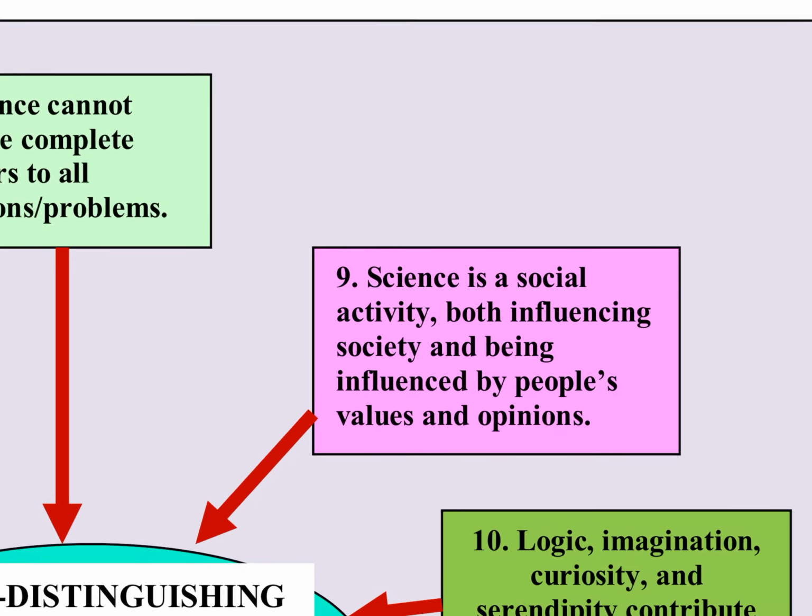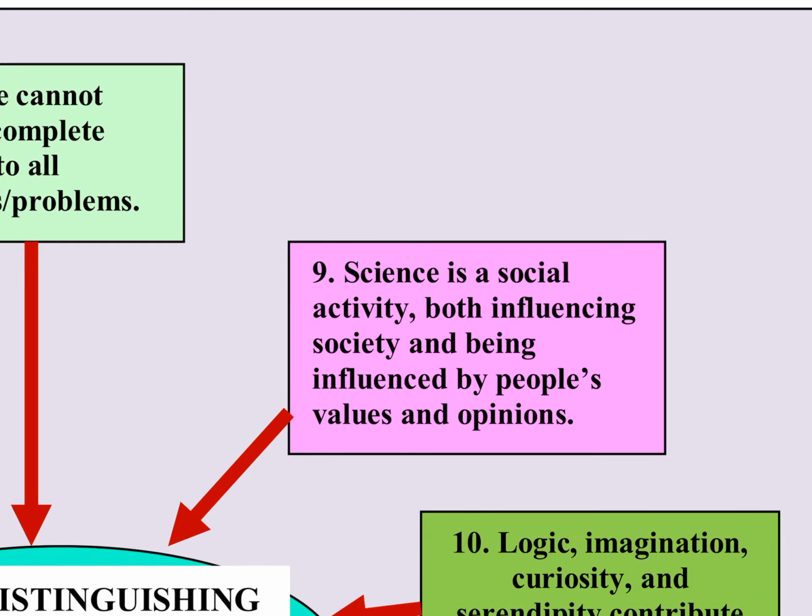And another feature of the nature of science, which can be considered non-distinguishing, is that science is a social activity, also known as science as a social enterprise, and it influences society, and vice versa.